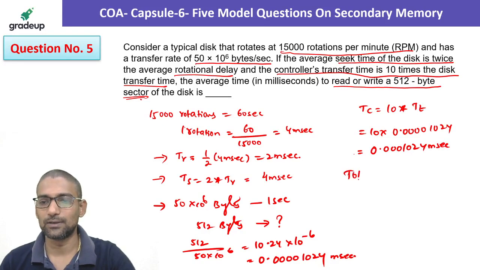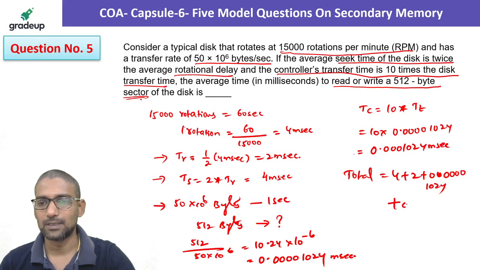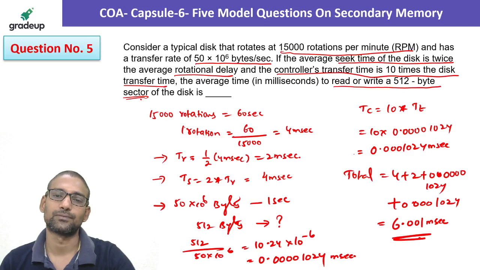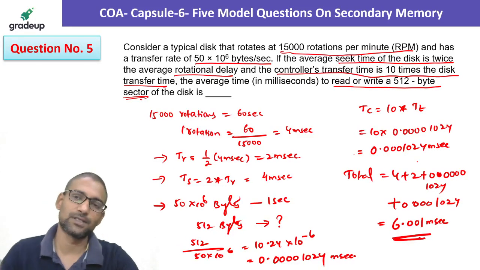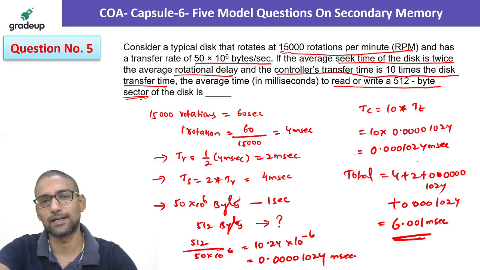So total, if you calculate 4 plus 2 plus 0.00001024 plus 0.00001024, that would be coming around 6.001, something around, you will get approximately, right? So this is how we solve questions on secondary memory.